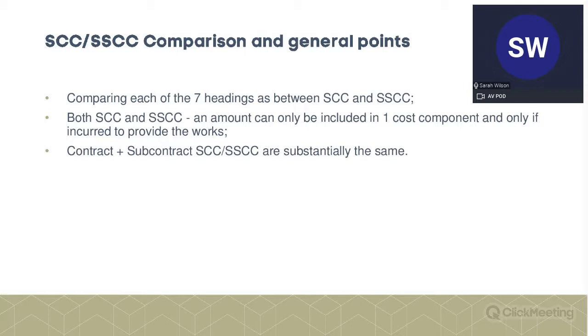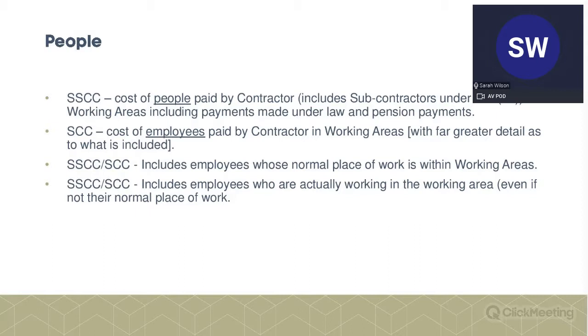And I think this supports it. The other point to note is that what we're looking at is the main contract schedule of cost components and shorter schedule, but the subcontract versions are substantially the same, which is a relief because, as I say, neither are the most scintillating of reads.